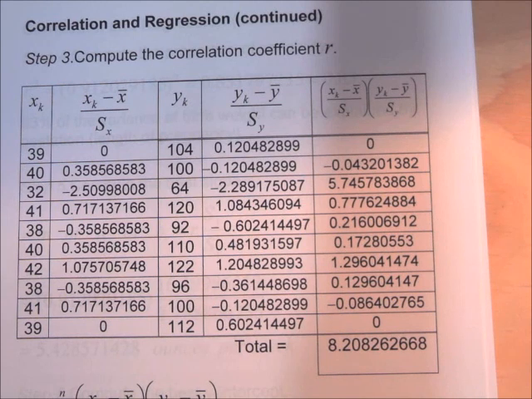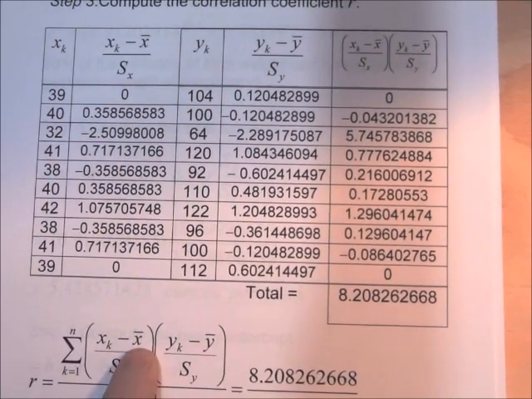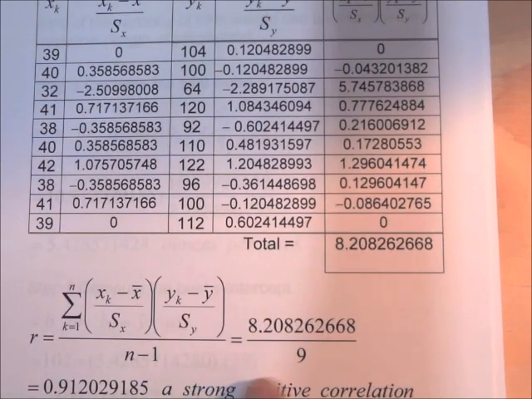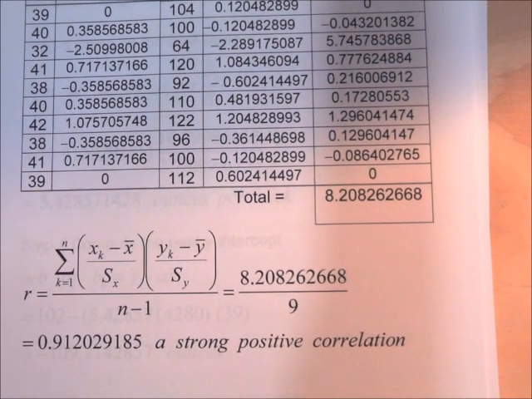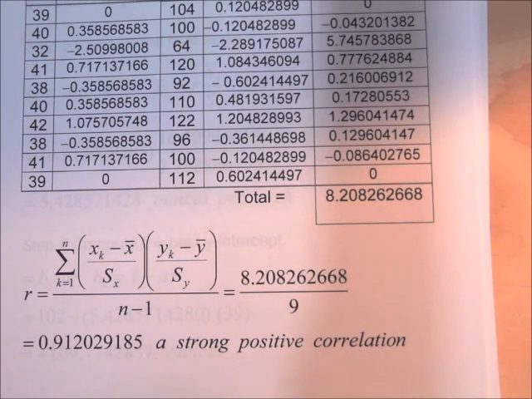Here's the formula: this is the z-score for X, that's the z-score for Y, so you multiply them together. Sigma means sum, so you add them up and then divide by n minus 1, so 8.2 divided by 9. And so the correlation is 0.912, a strong positive correlation.